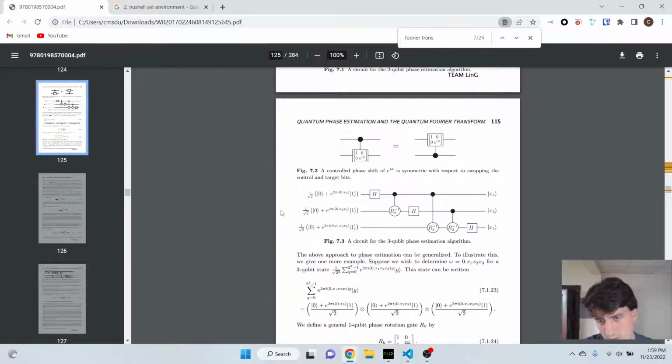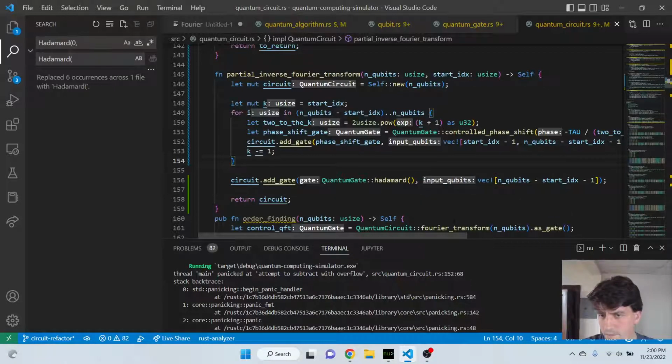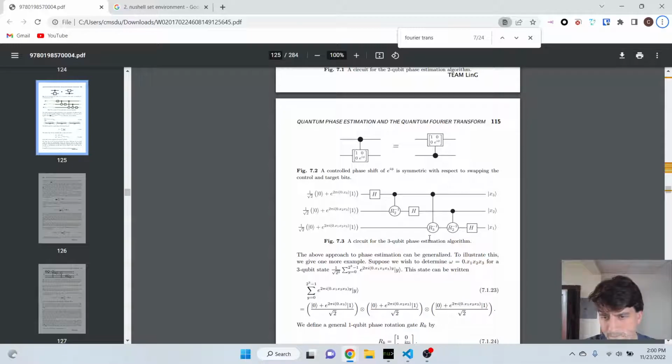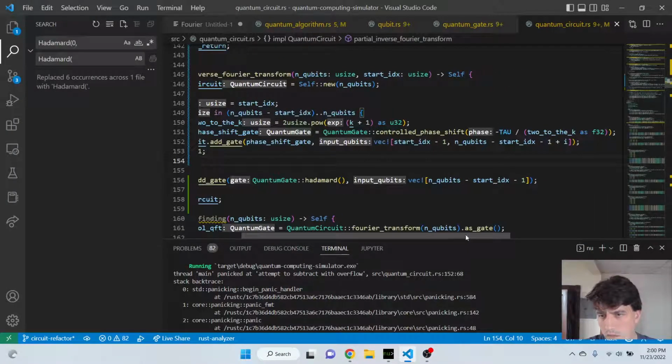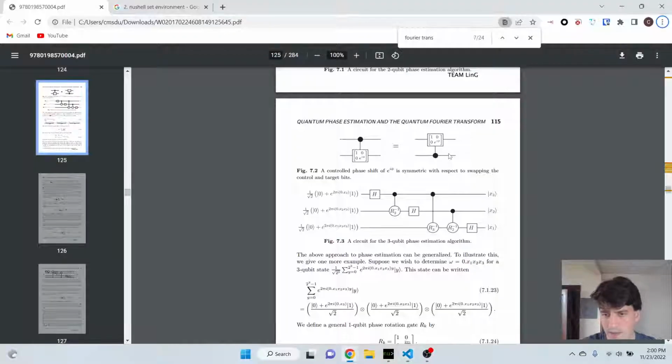What is K in this circuit diagram? So when K plus 1 is 2, it gets to be on the second one. Oh, I get it.